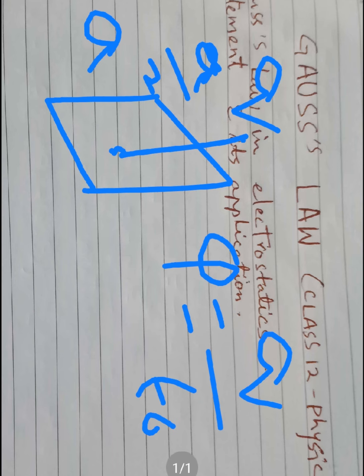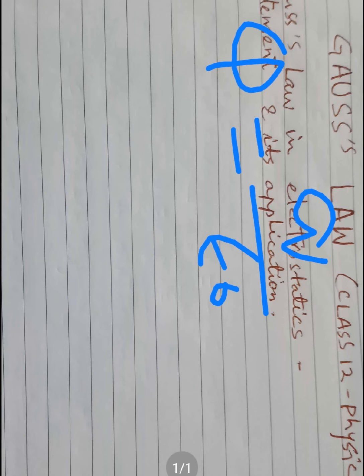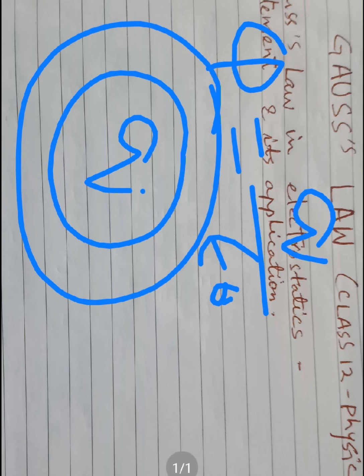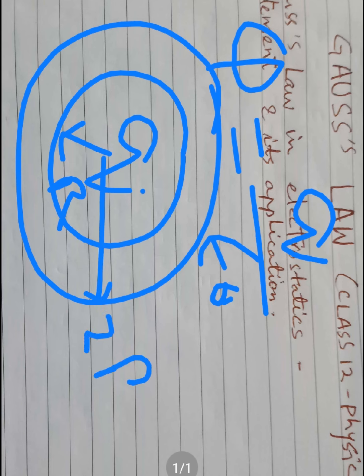Now one more important point: in Gauss law, phi is equal to Q upon epsilon naught. So this flux does not depend upon the radius of the surface. That is, if charge Q is placed in a sphere and the sphere size is increased, say earlier the radius is r and now it is increased to 2r, then what will be the flux?